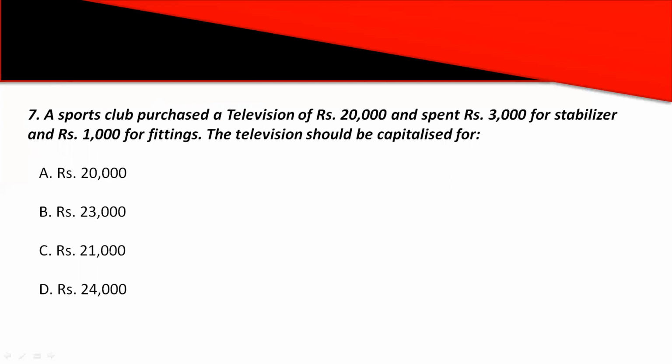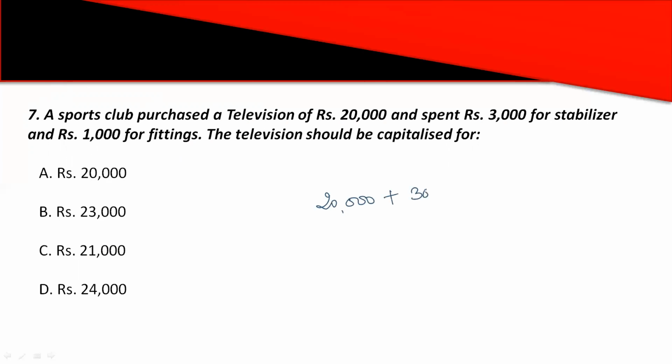Now this is a numerical question. A sports club purchased a television for rupees 20,000, spent rupees 3,000 for stabilizer and rupees 1,000 for fittings. They are asking what is the total cost of the television. So the cost of the television is definitely 20,000, which we paid to purchase it.